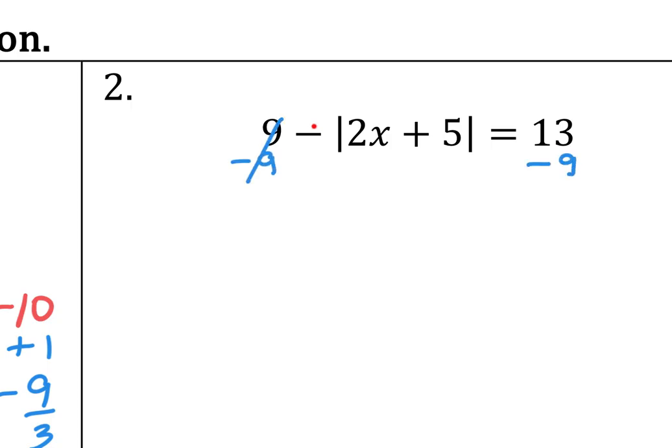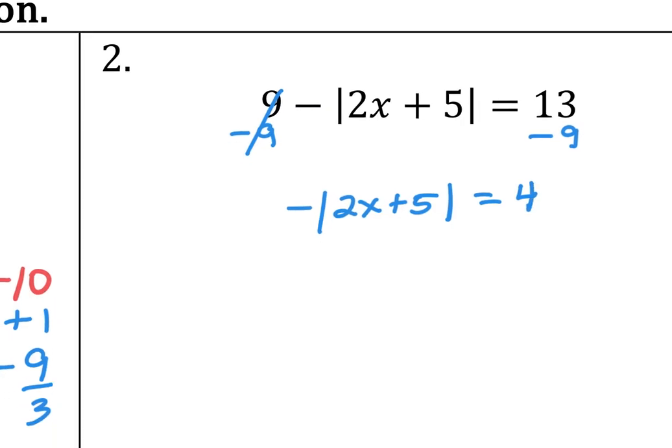Now, when we subtract the 9, we still have this negative out in front of the absolute value bar. So we need to bring that down so that we have the opposite of the absolute value of 2x plus 5 is equal to 13 minus 9 is going to be 4. And so these absolute value bars are still not isolated, which means I need to get rid of this coefficient.